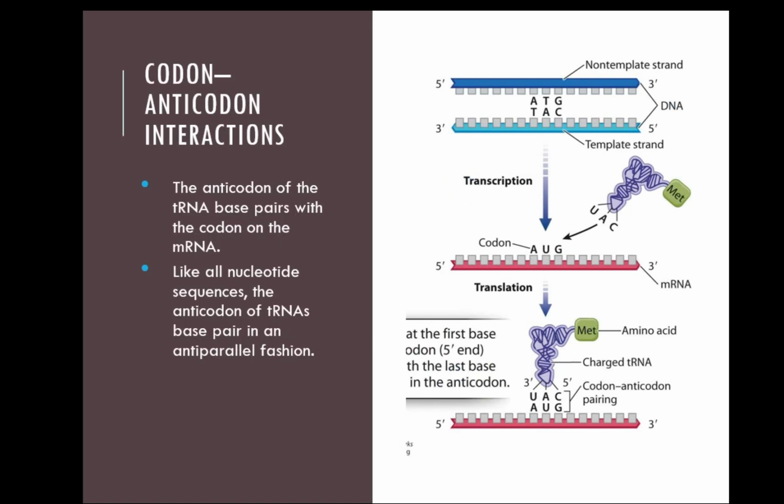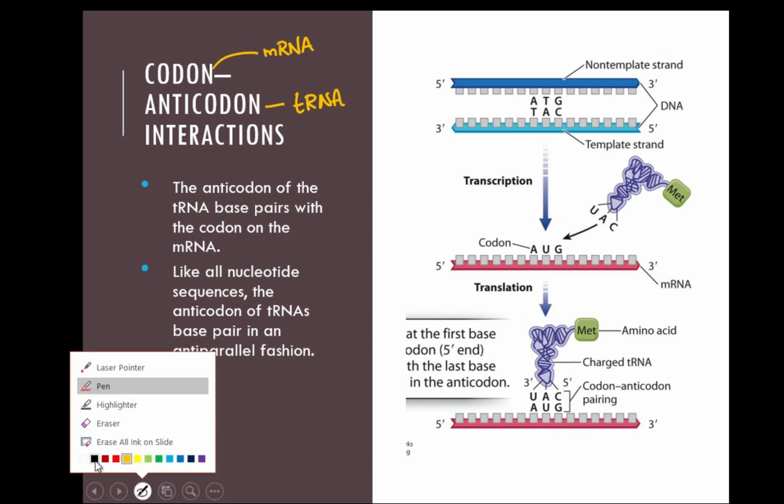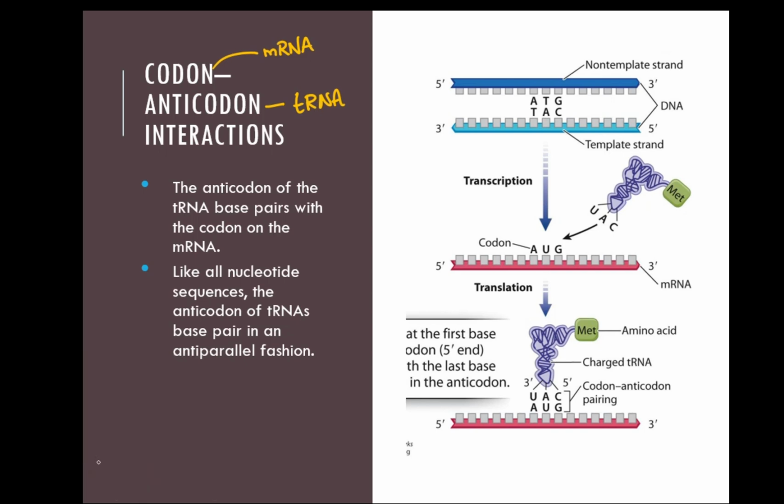All right? So this is showing how you get the codon, which is in the messenger RNA, and the anticodon, which is on the transfer RNA, to come together. This is our messenger RNA, which we made in the nucleus. It's been transported out into the cytoplasm. It has its 5' cap.